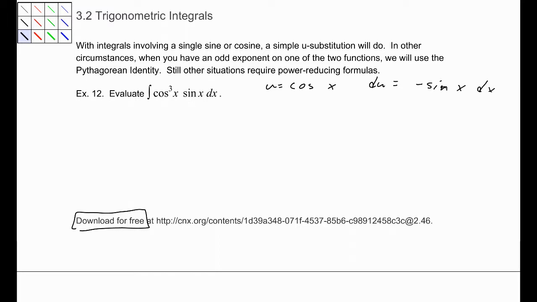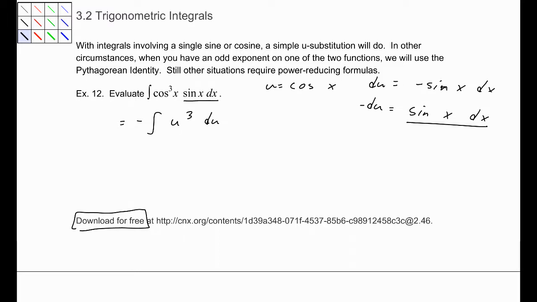First, I need to rearrange my du. That'll make negative du equal sine x dx. Alright, so I'm going to have a negative sign in here, and that is u to the third. And sine x dx is going to replace this right here, so that's just du.